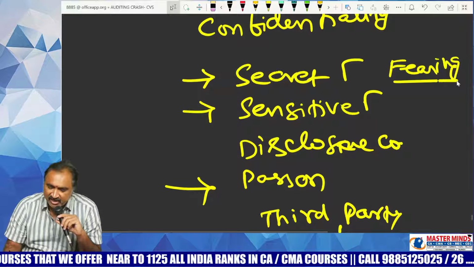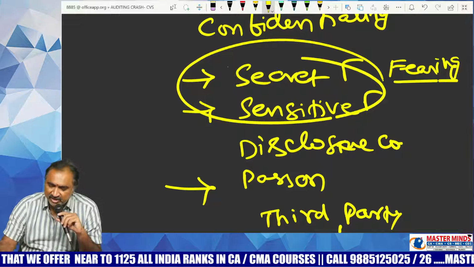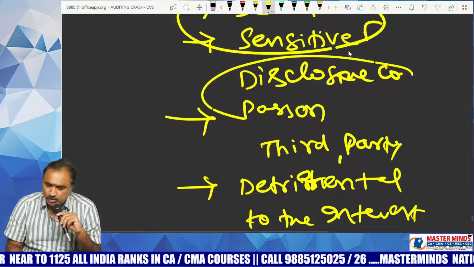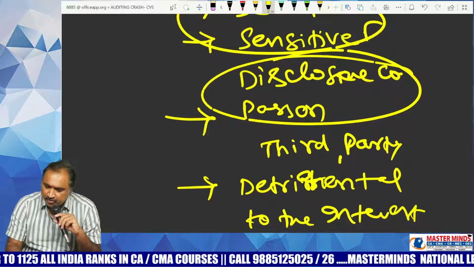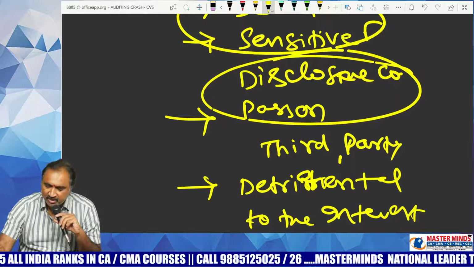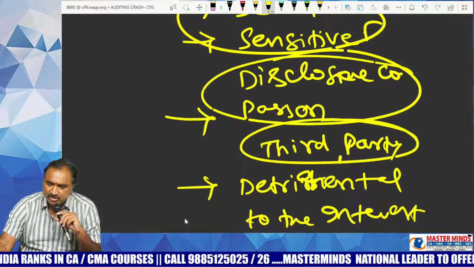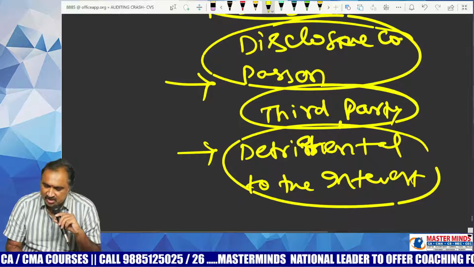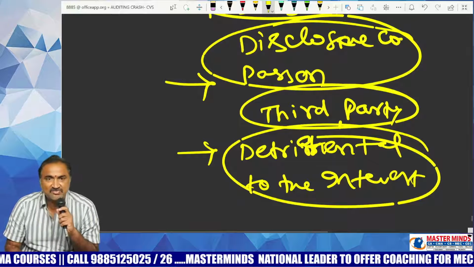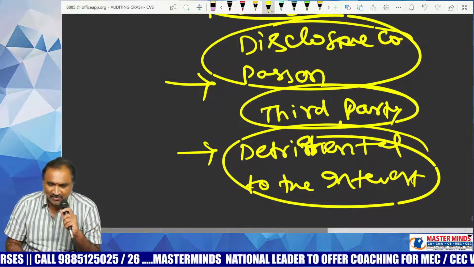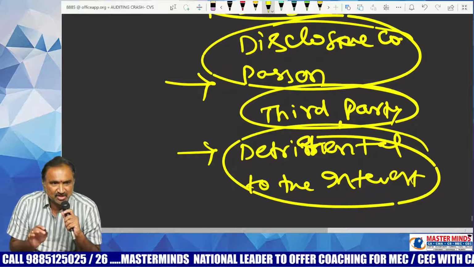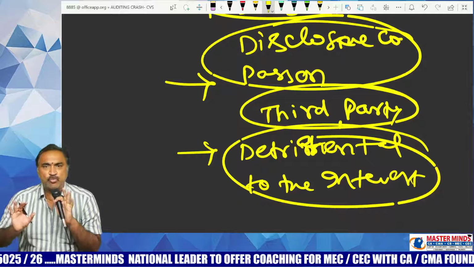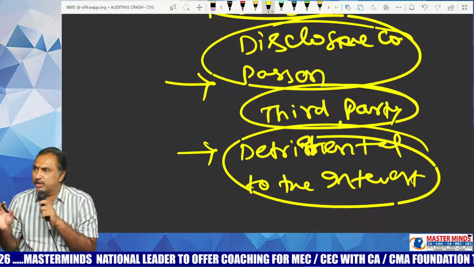Companies start fearing that if such information is provided to the auditor, the auditor may disclose or pass it on to a third party, which would be very much dangerous or detrimental to the interests of the company. Therefore, expressing their fears, the company says that, sir, because of these reasons, we are unable to provide the required information and explanations to you.